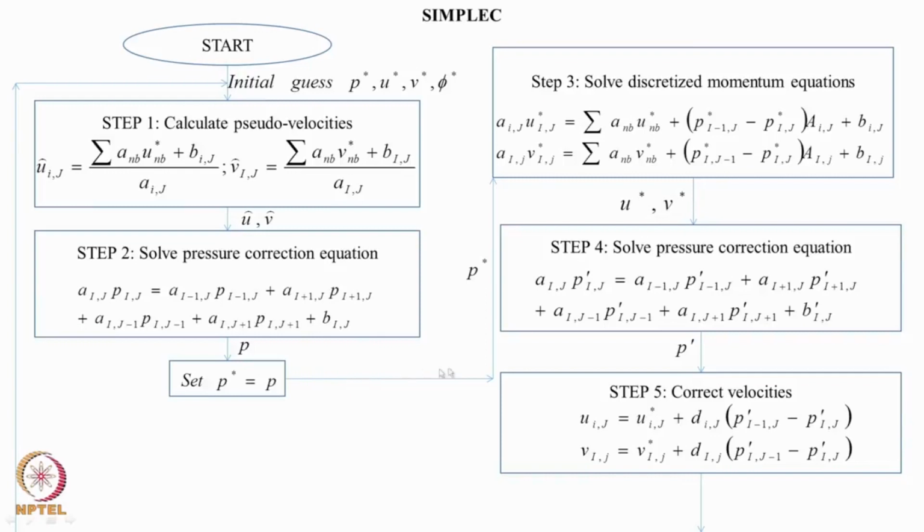After this, the steps are the same as in SIMPLE. You solve the discretized momentum equation, you get U star, V star, then you set the pressure correction equation. P prime is obtained through the pressure correction equation solution, and then velocities are corrected. So you have two additional steps introduced in SIMPLEC when compared to SIMPLE.